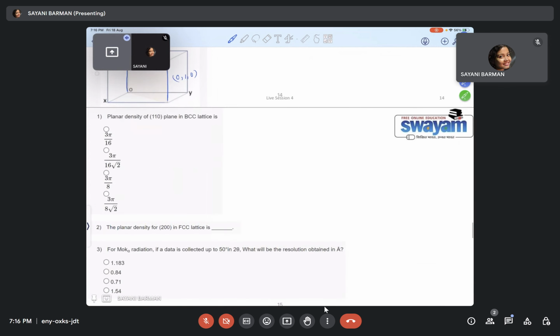So the next one is the planar density of the 110 plane in a BCC lattice. For a BCC lattice, there are atoms at 8 corners, then one at the center. How does this come? This comes as the body diagonal, right?